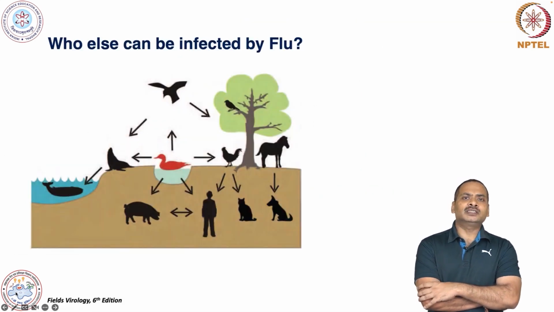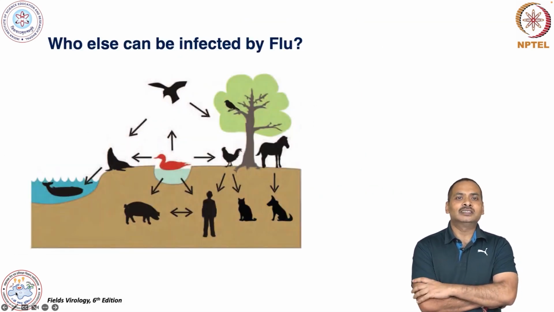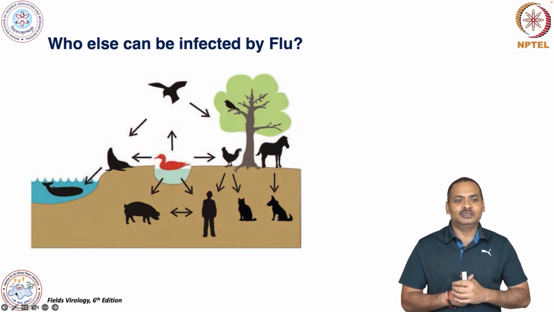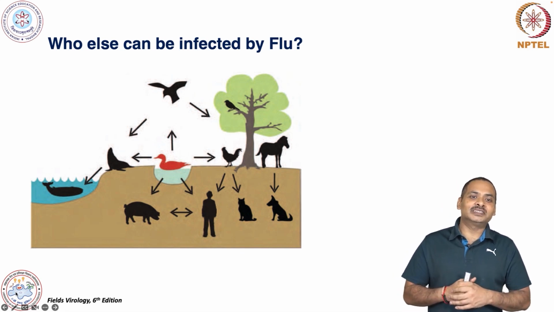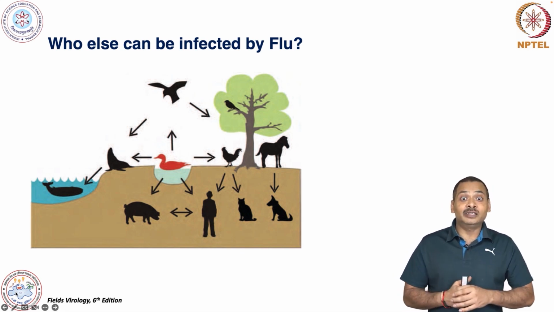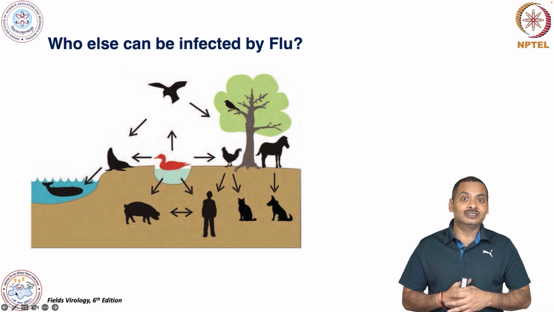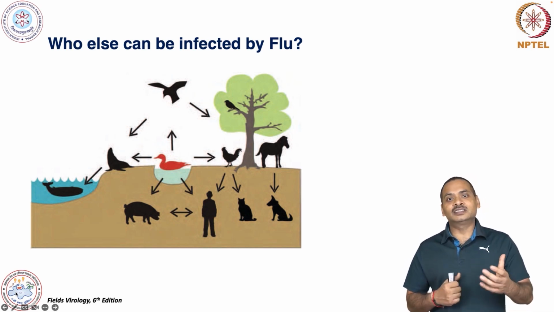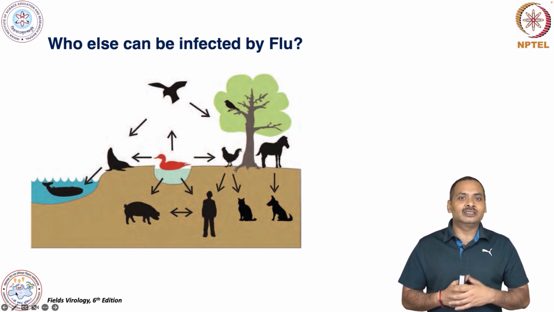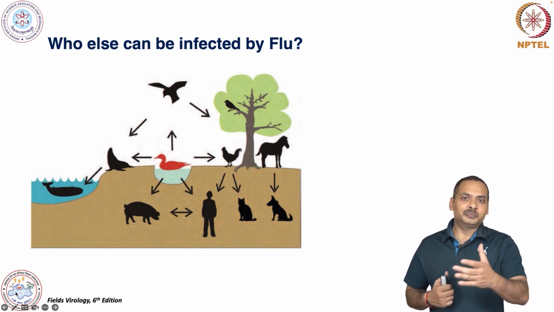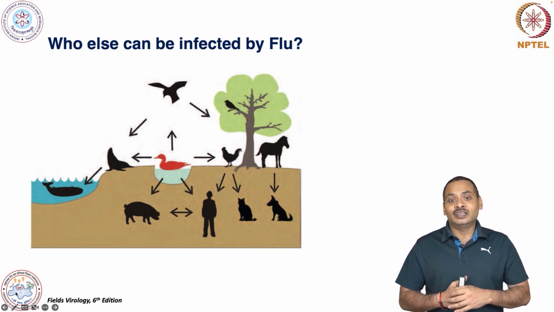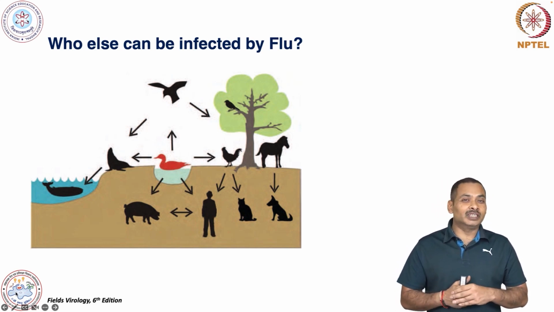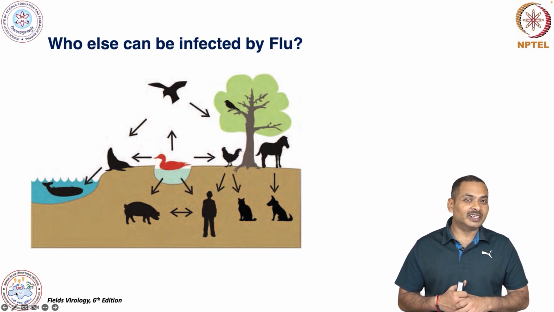So this virus, basically the influenza virus, is present in almost all living animals. Here you can see in this image, this virus is present in sea animals like whales and seals. It is also present in birds, horses, hens, pigs, and one very important animal, the ferret.